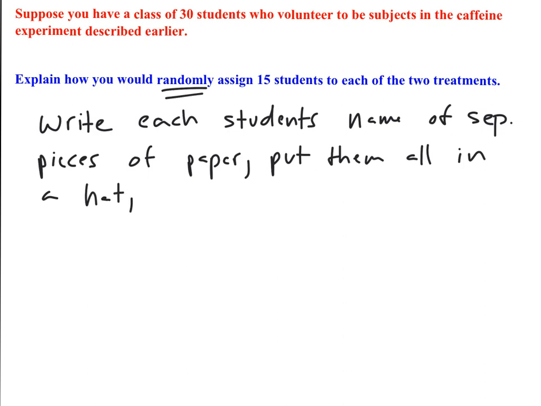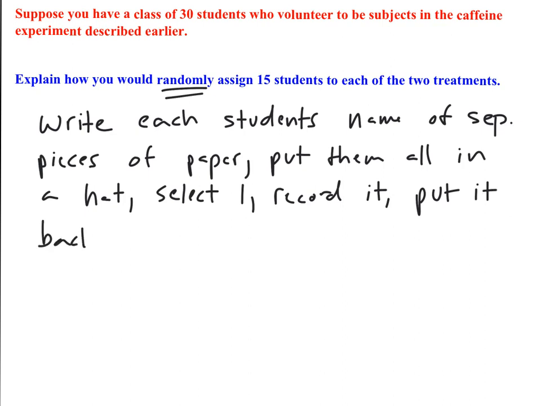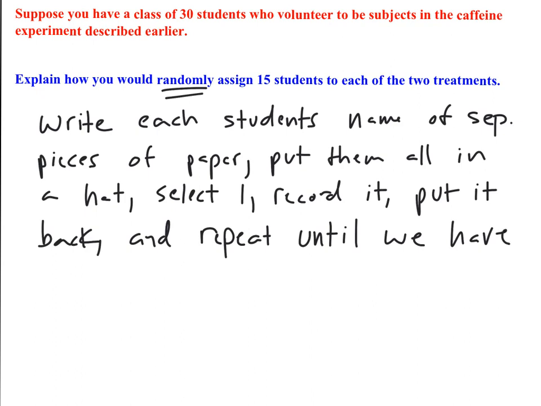Put them all in a hat. Select one. Record it. Put it back. And then repeat the process until we have 15 unique names.